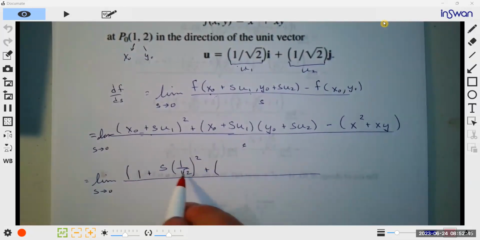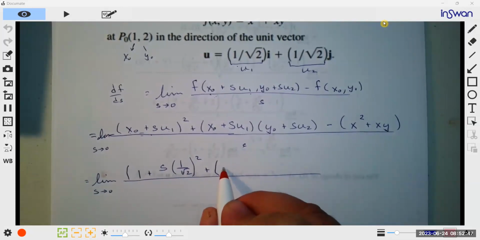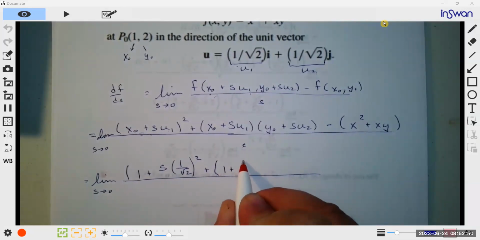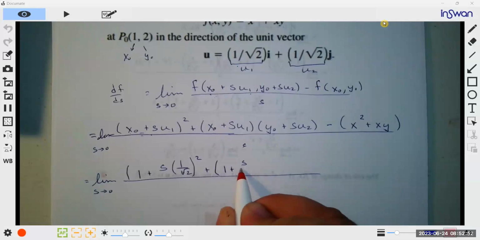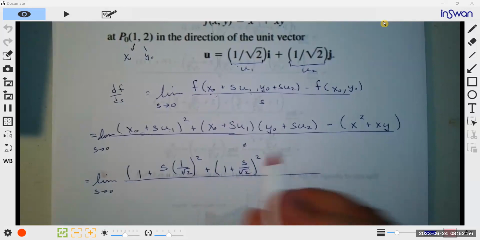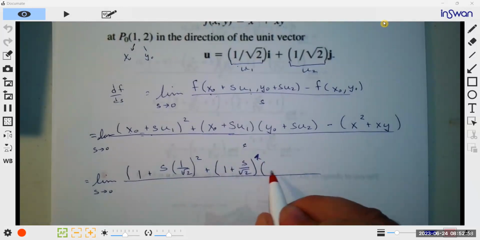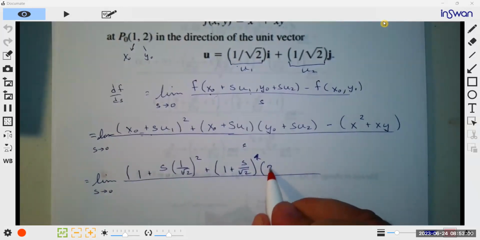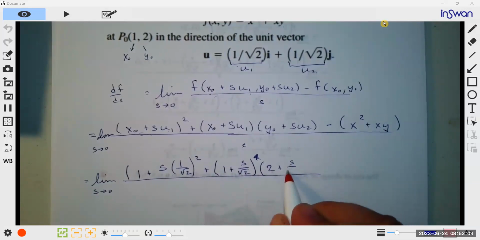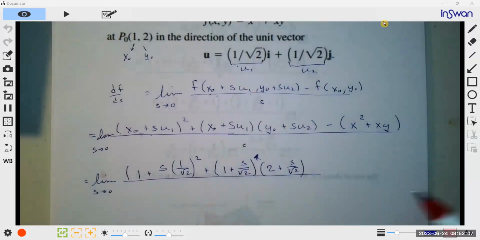So repeat this one: 1 plus s over radical 2, squared, times 2 plus s over radical 2, because that's what u1, u2 are.